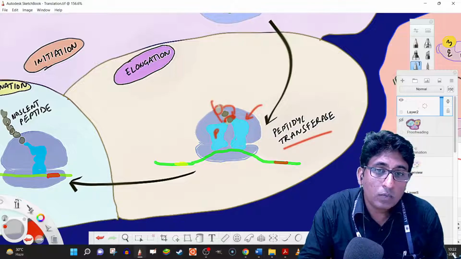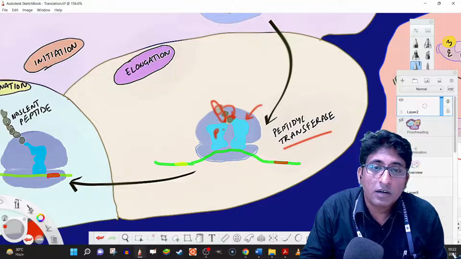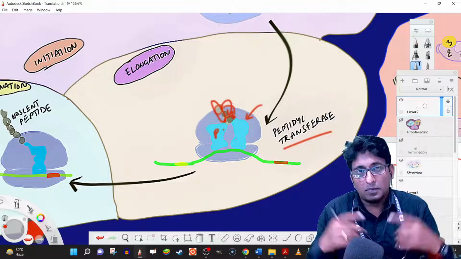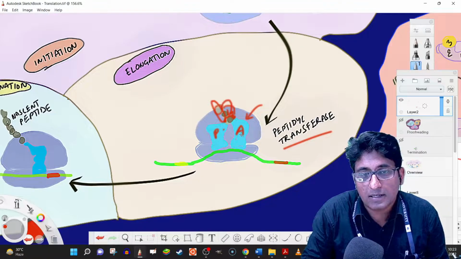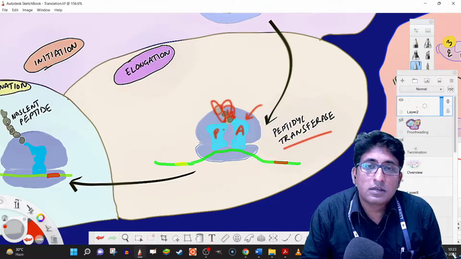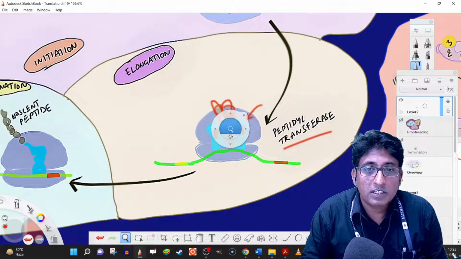We have this whole peptide that was present on the tRNA indicated here, and now it is covalently joined, through formation of a peptide bond, with the amino acid of the tRNA that is present in the A site, and that reaction is called peptidyl transfer.